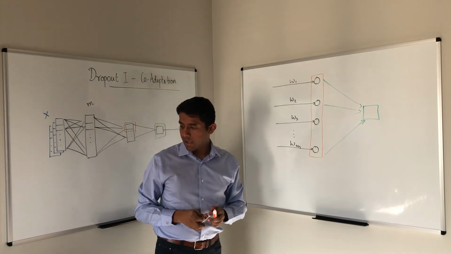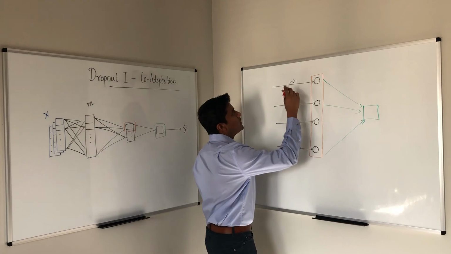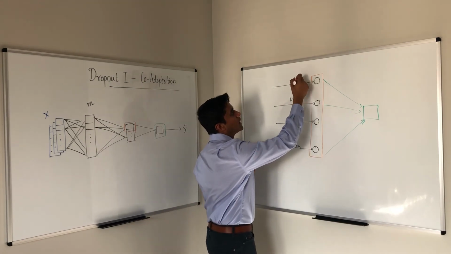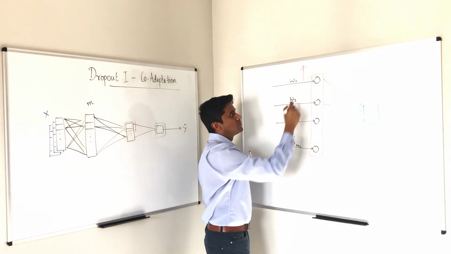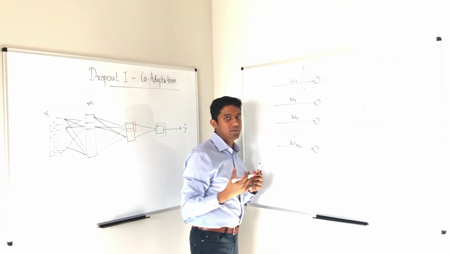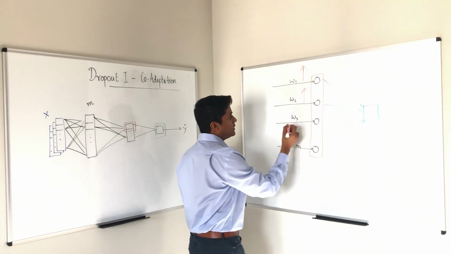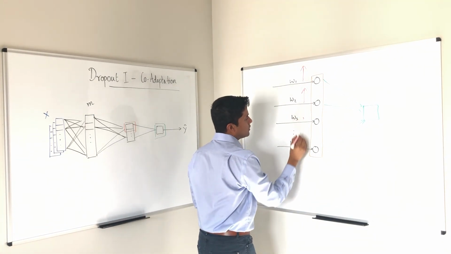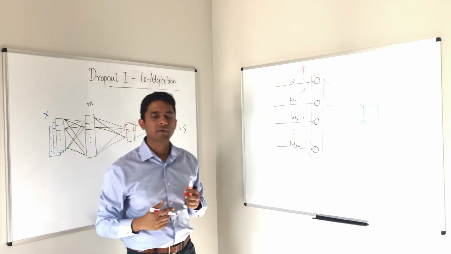So it might happen that W1 and W2 became very big, like large numbers, meaning they became very strong connections. And these are, suppose, very small, could not make much impact.